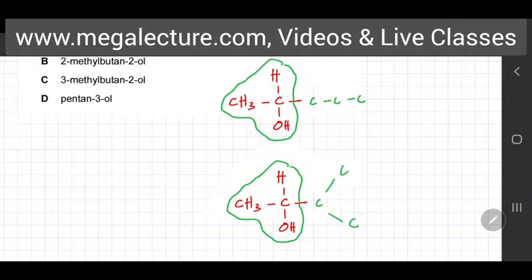That's probably the only possibility; I don't think there is any other. There are only 2 ways in which you can arrange those carbon atoms. Remember, it had a total of 5 carbon atoms, an alcohol with 5 carbon atoms. So if you want an iodoform test, you need this thing, and the rest of the 3 carbon atoms could be arranged in 2 ways.